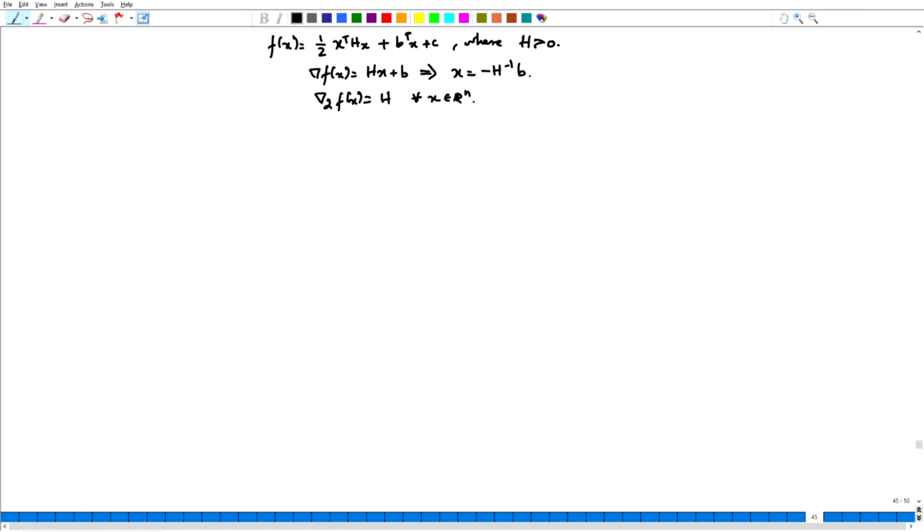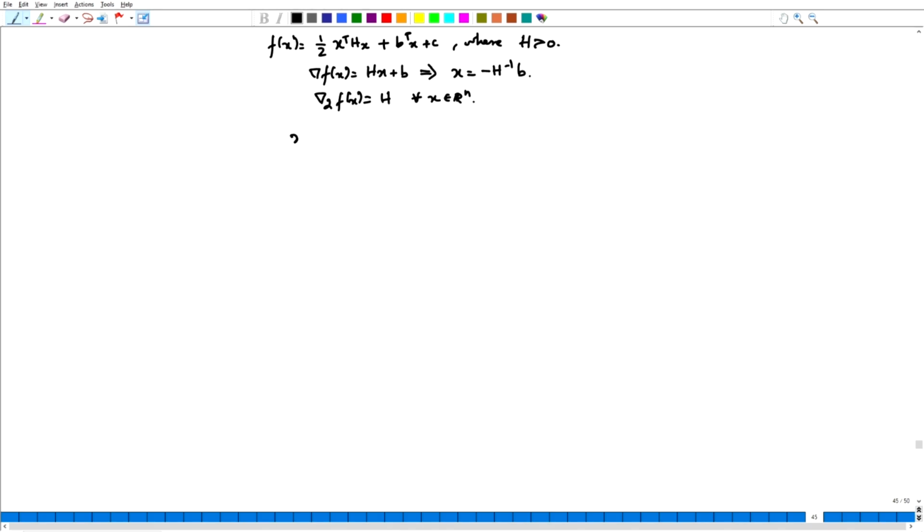Let us apply Newton's algorithm theoretically, and then I will work out the code. Assume an arbitrary x 0.